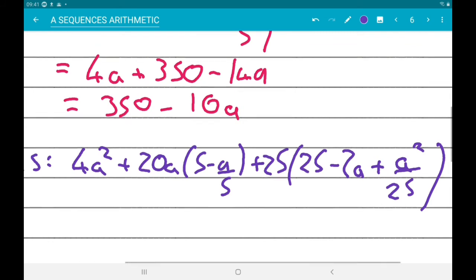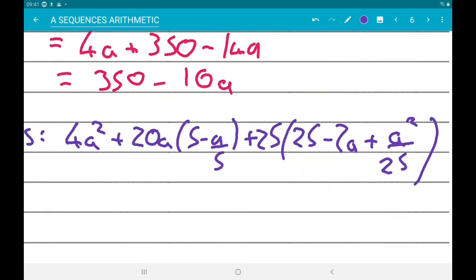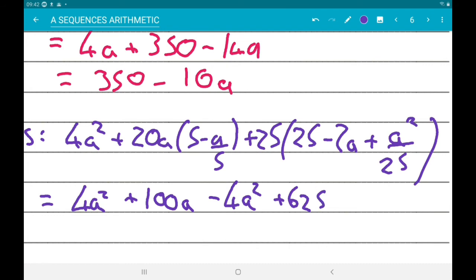Alright, so we have 4a squared add 100a and then 20a times minus a over 5 is minus 4a squared. 25 times 25 is 625. 25 times minus 2a is minus 50a.